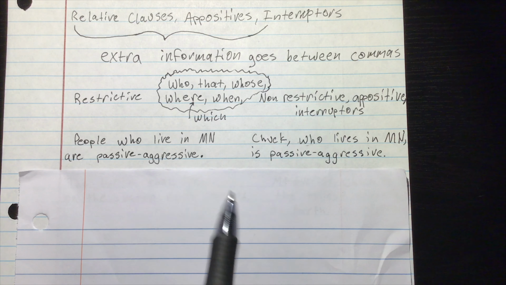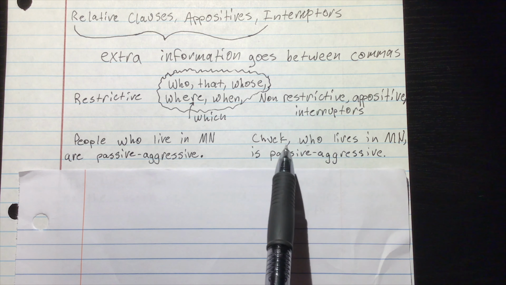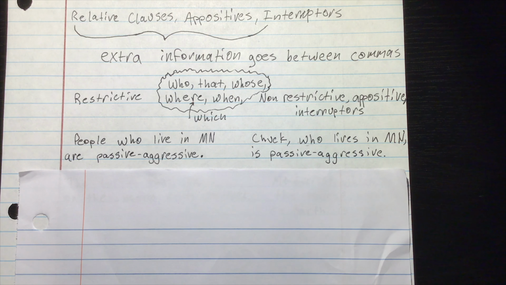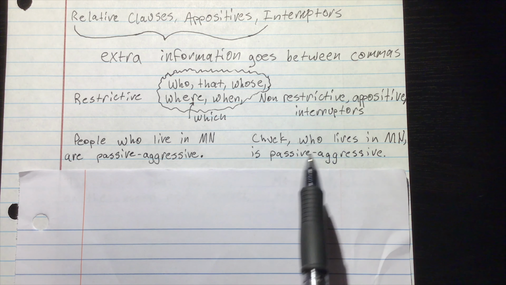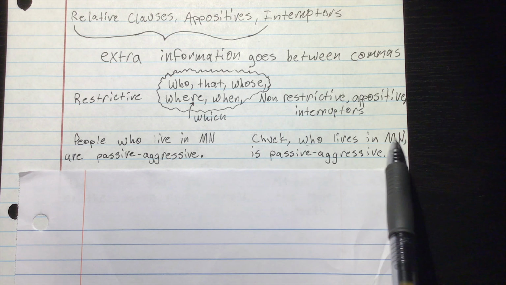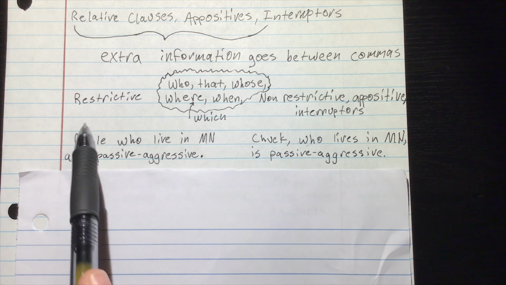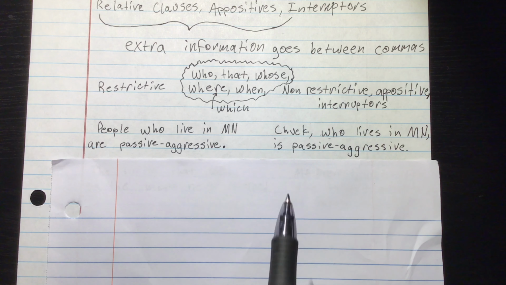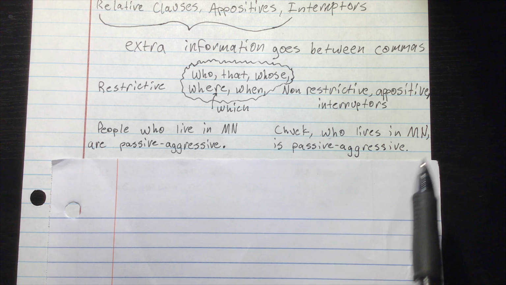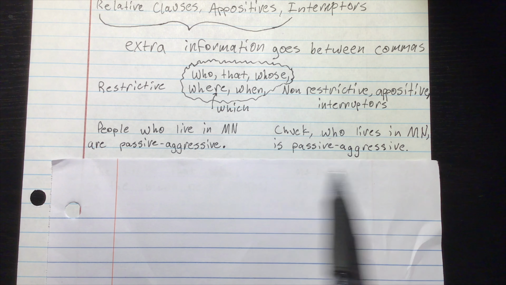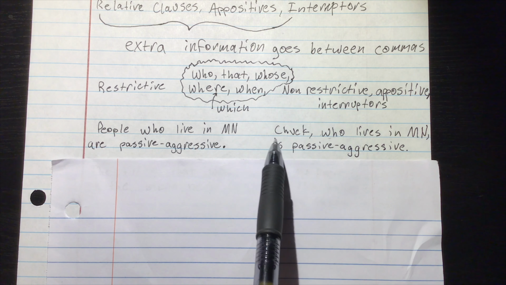On the other side of that, if we have a non-restrictive clause, we do put commas because this is additional information that isn't essential to the meaning of the sentence. So in this case, this phrase right here isn't defining that in a restrictive way, versus over here it was. If I were to read, "Chuck, who lives in Minnesota, is passive-aggressive," that is the same thing as "Chuck is passive-aggressive," because we already know who we're talking about.